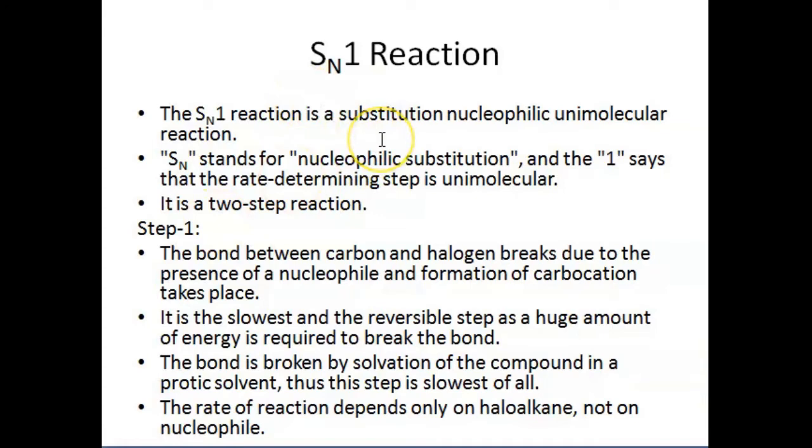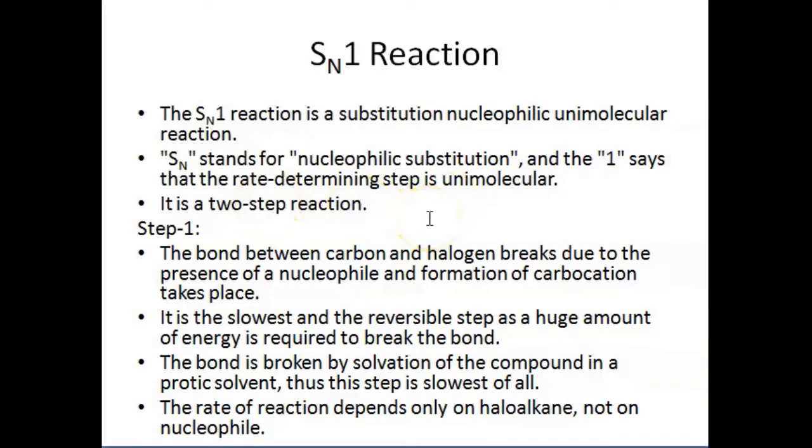The SN1 reaction is a substitution nucleophilic unimolecular reaction, where SN stands for nucleophilic substitution and the number 1 says that the rate determining step is unimolecular. It is a two-step reaction.